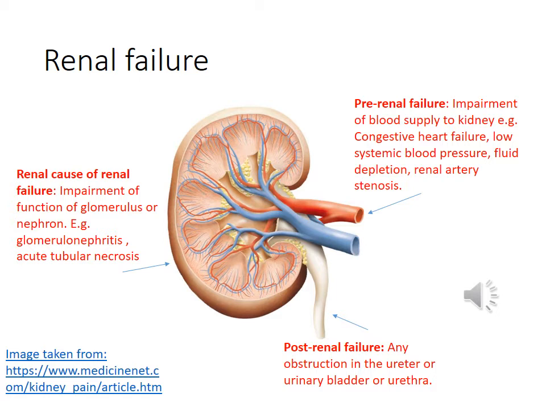Stone can cause obstruction. Stone in ureter, stone in bladder, stone in urethra. What else can cause obstruction? Tumor. Tumor can be benign or malignant. Any tumor in urethra, any tumor in bladder. What else can cause obstruction? Prostate. If prostate is enlarged, it will compress the urethra, leading to obstruction of urethra. All these cause post-renal failure.